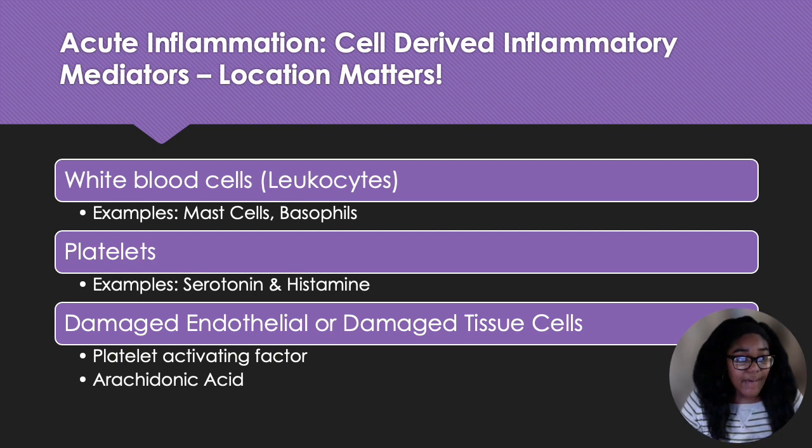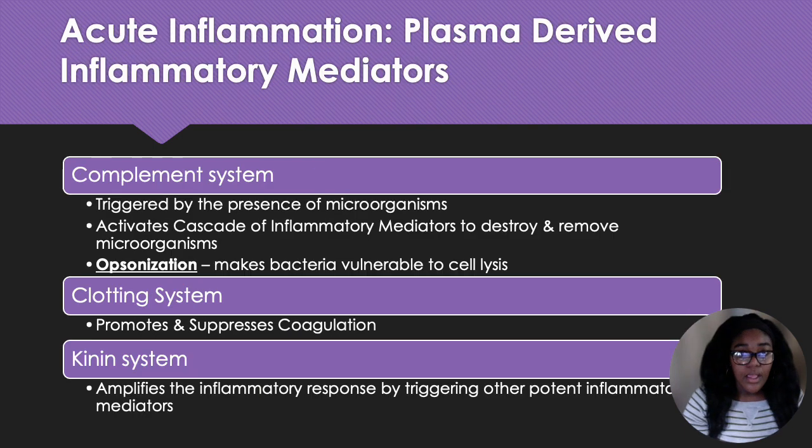We also have platelets that help with clotting, and then we have damaged endothelial or damaged tissue cells. This is sending a direct message to the body saying, hey, activate more platelets, activate more clotting factors so we can help heal this process after we get the pathogens out of the body. So again, the body is doing this simultaneously over and over again to help with healing and tissue repair.